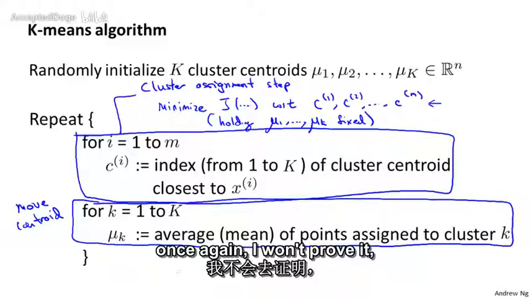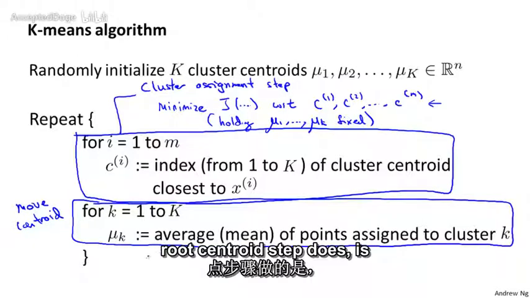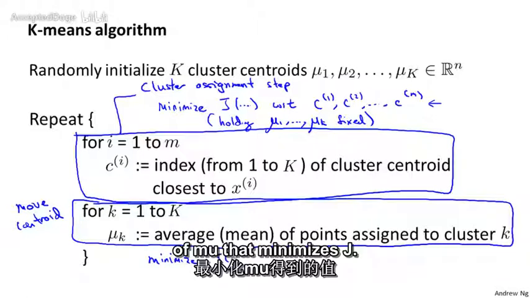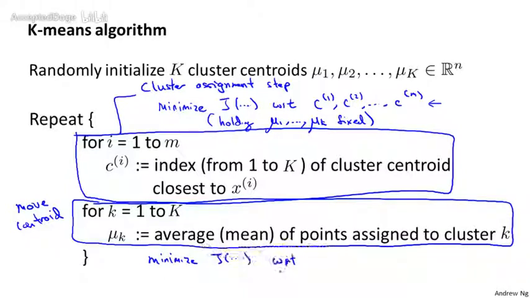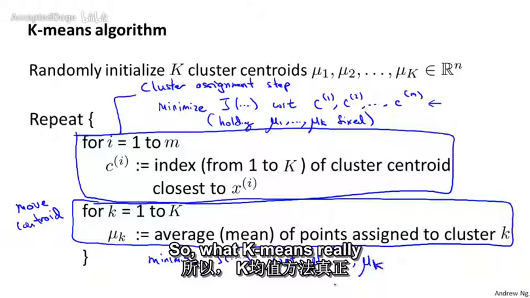Once again, I won't prove it, but it can be shown mathematically that the move centroid step chooses the values of mu that minimize J. So it minimizes the cost function J with respect to, WRT is my abbreviation for with respect to, the locations of the cluster centroids mu_1 through mu_K.